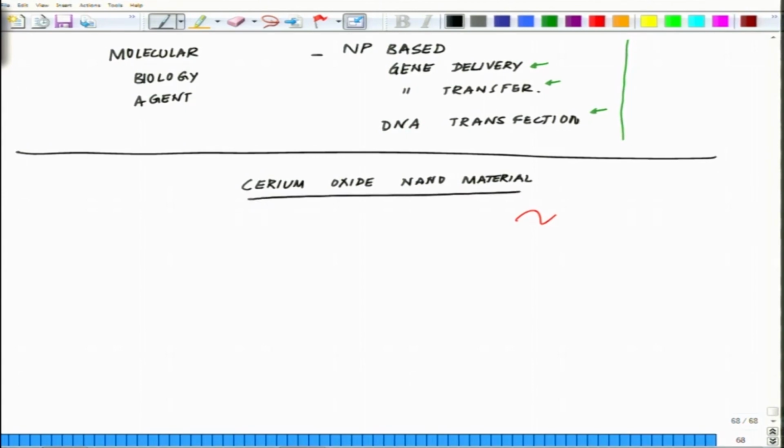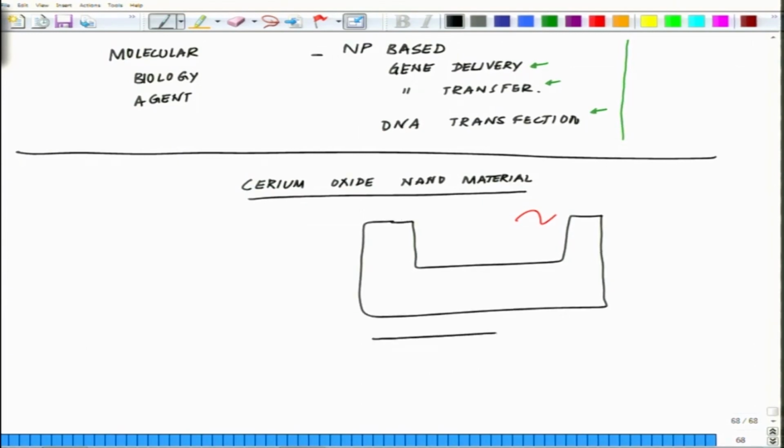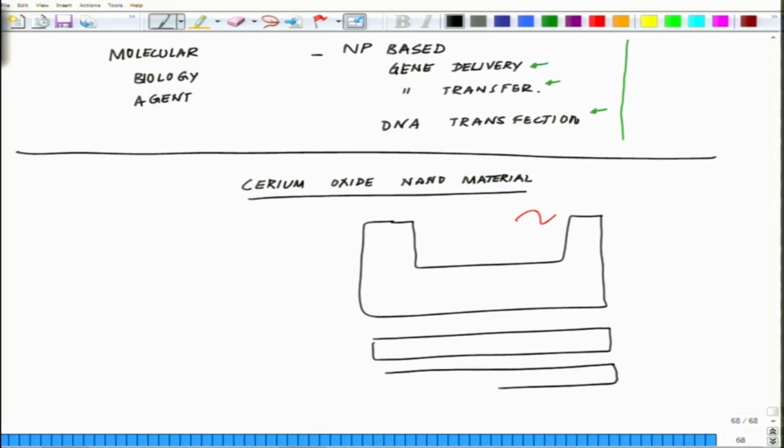Those of you who are well versed with the periodic table will know, and those who are not will remember, that if you look at the periodic table carefully, you see there are two lines underneath like this. One we used to call the lanthanide series, the other one is the actinide series.